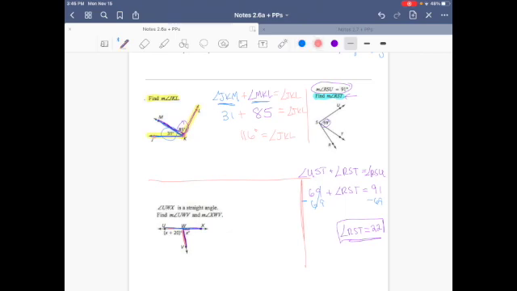I'm going to say UWV plus XWV equals UWX. So UWV is going to be X plus 20.